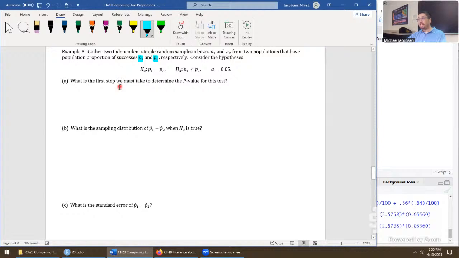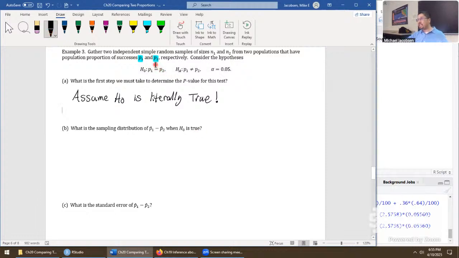The first step that we take in analyzing these hypotheses, P1 equals P2, P1 is not equal to P2 as a two-tailed test, is to assume H naught is literally true. We're going to assume that's our reality. The null hypothesis is the truth about the populations.